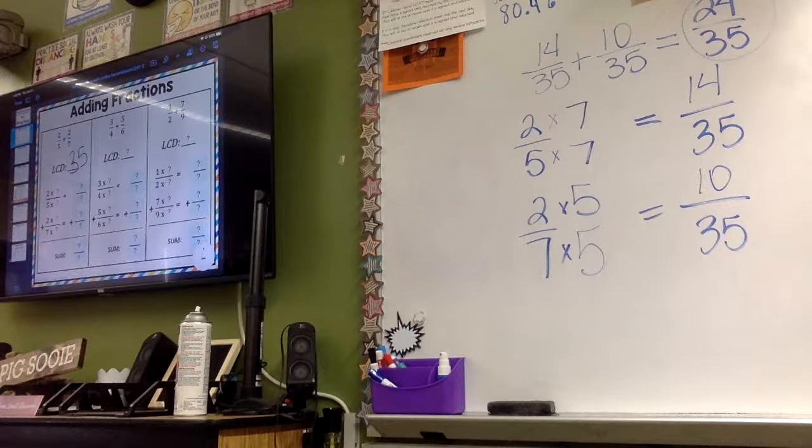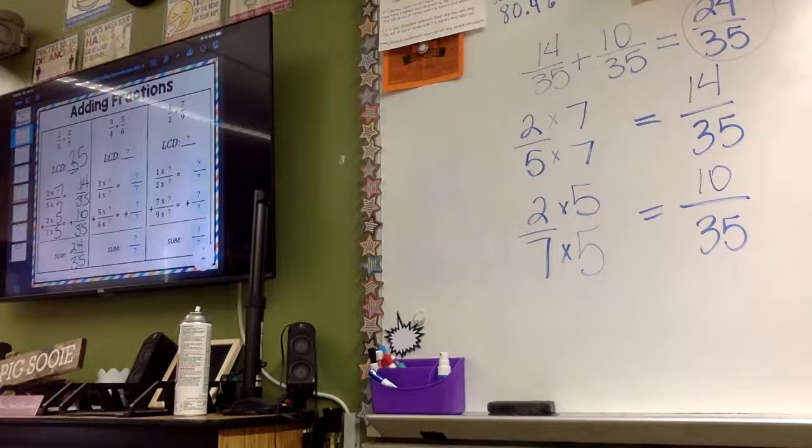So let me fill this in. 14 and 10, and then I get 24 35ths. Okay? Yes? No? Yes. We have no idea what's going on?